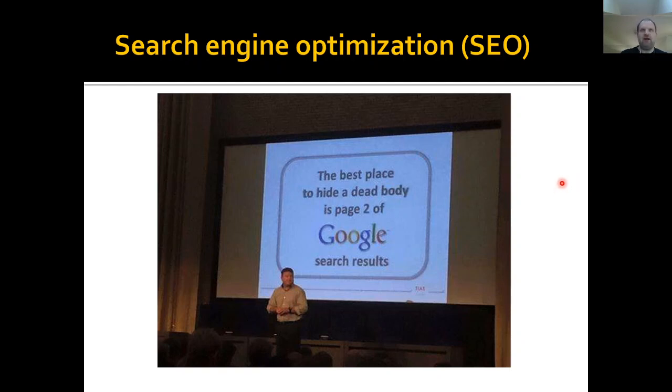Nobody, or at least mostly nobody, sees the second page of Google search results. Many people don't even see the bottom of the first page. So it's really important for everybody to get on the top few scoring results.